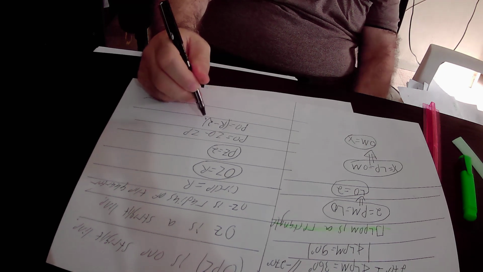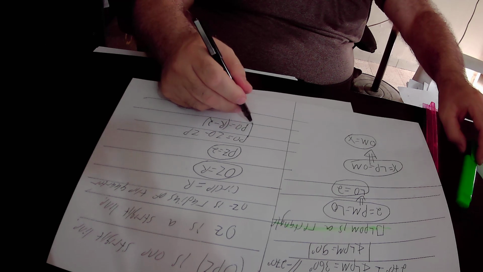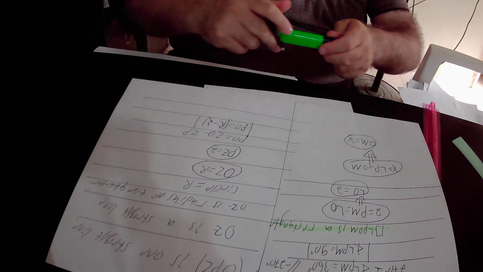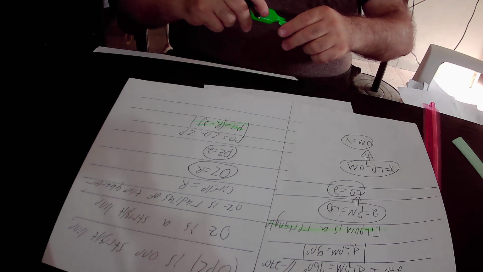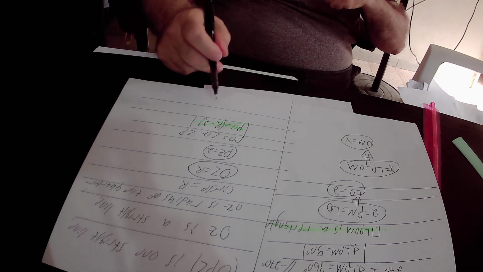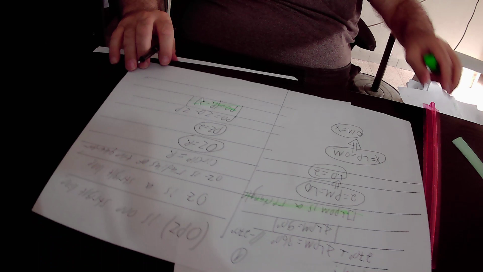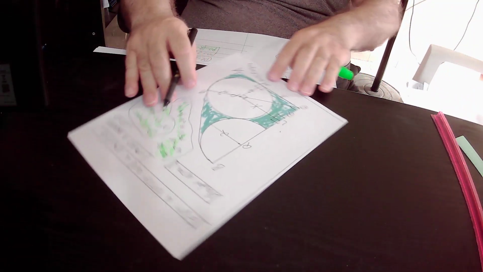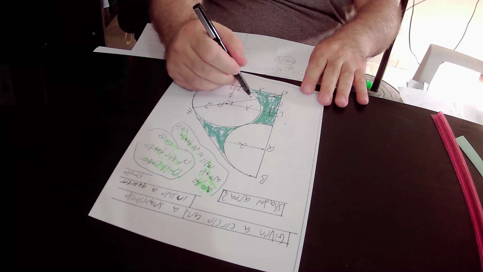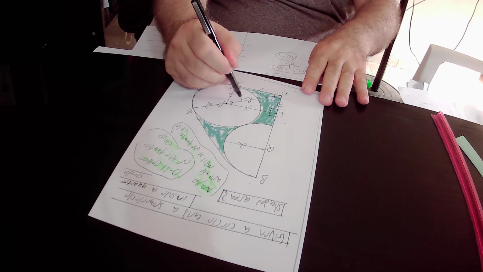So in conclusion, we found out that PZ equals capital R minus 2. PO equals capital R minus 2. Okay, here the length of line segment PO or OP is equal to capital R minus 2.